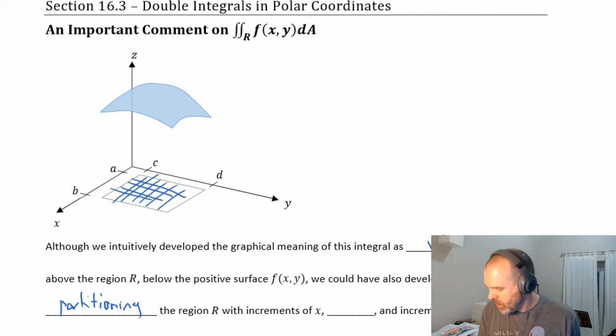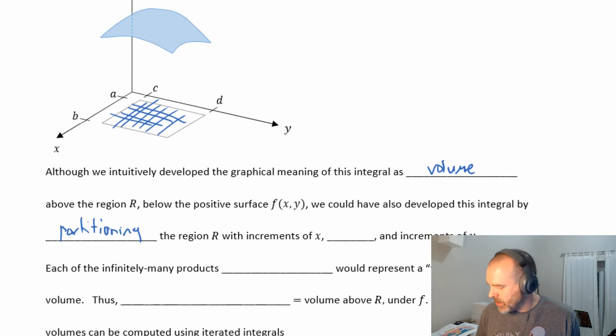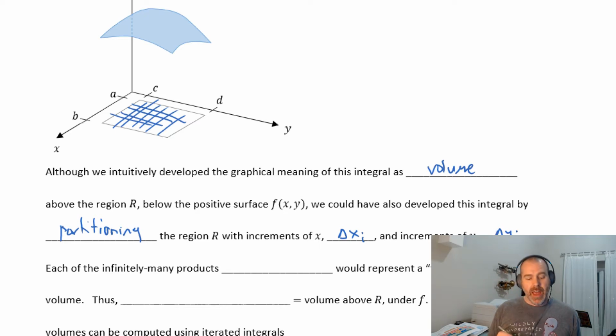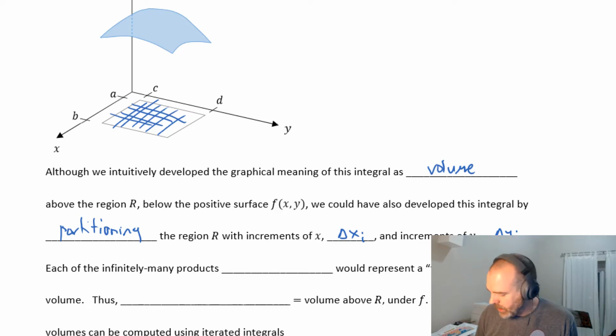Partitioning the region R with increments of x, delta x sub i, and increments of y, delta y sub i. And then if we have infinitely many products where we multiply the delta x, delta y, and then multiply by the height, we get these little rectangles. f of x sub i, y sub i, delta x sub i, delta y sub i.